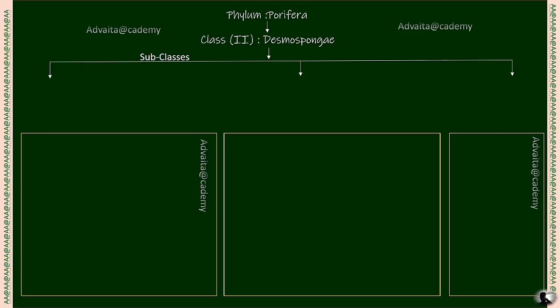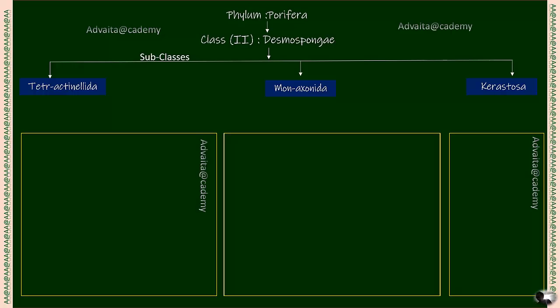Okay. Now, see. The first class is Tetractinellida. Tetra means 4 rays, so the spicules have 4 rays. Then Monaxonida, whose spicules have 1 ray. And now we come to Keratosa.